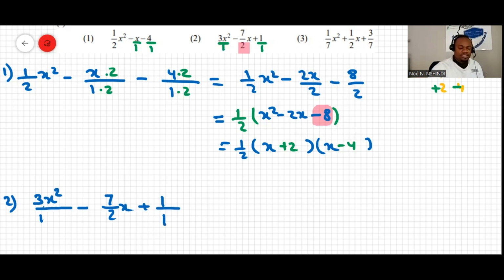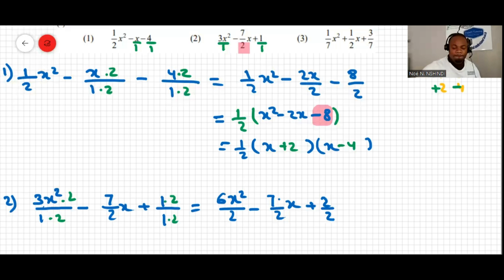So I multiply here by 2, here also by 2, here by 2, and here also by 2. Now this will become 6x squared over 2 minus 7 over 2x plus 2 over 2.